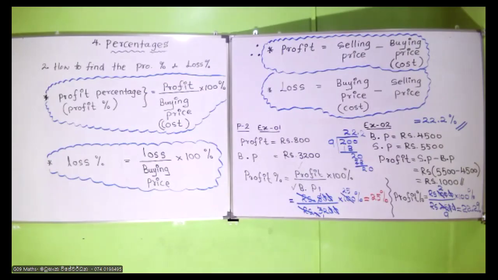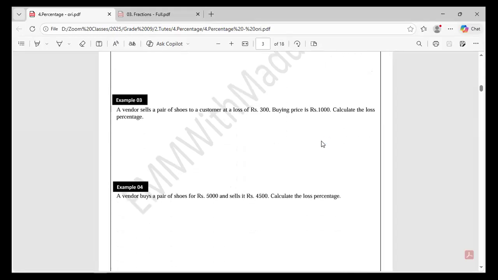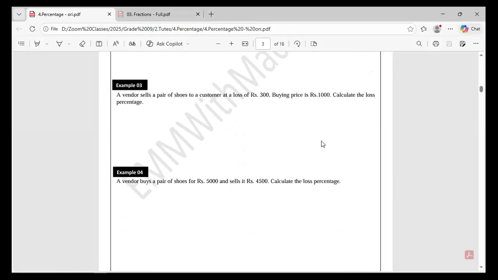Now you know how to get it. I will share the screen. Send me the answers for example number 3 and example number 4. You know how to do this.